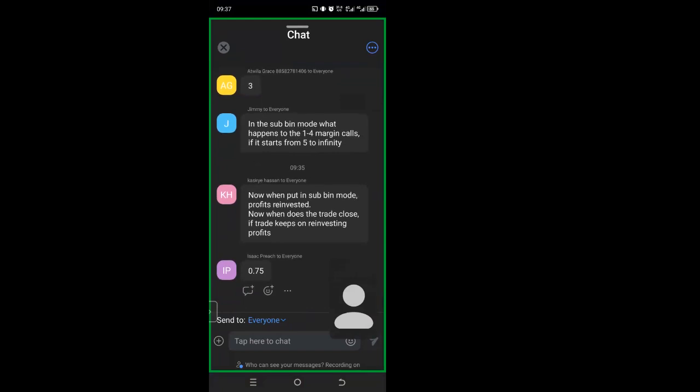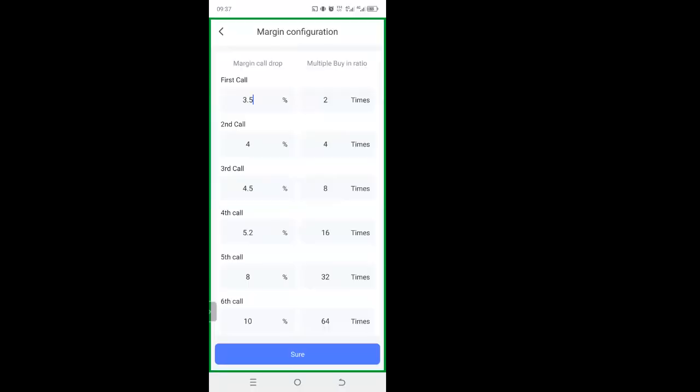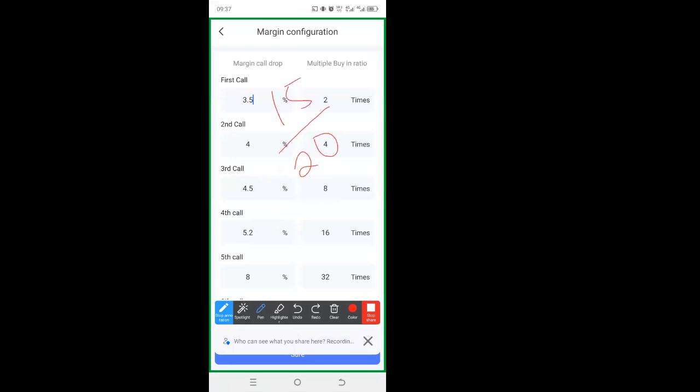We are here looking at this margin call limit. We said the formula is the call drop given, which is 15, divided by the margin call limit, which is 20.